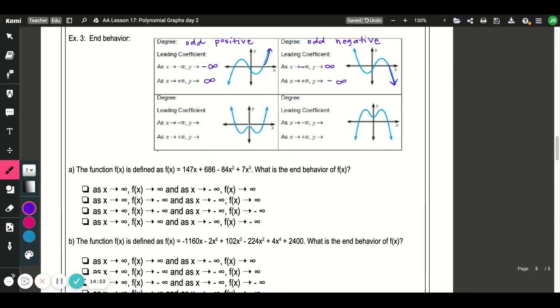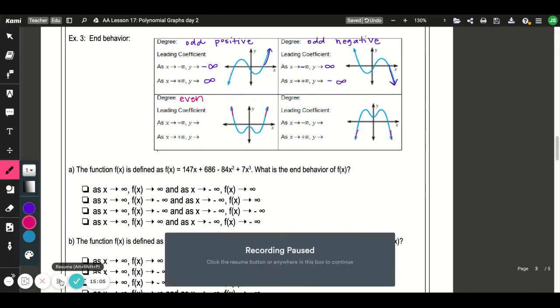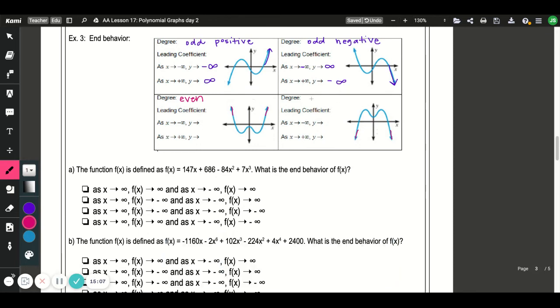Okay, these two, since both of the ends are going in the same direction, right? They're both going up. These are both going down. These are both even functions. This one is also even. On this one, the right-hand side points up, so it is positive.